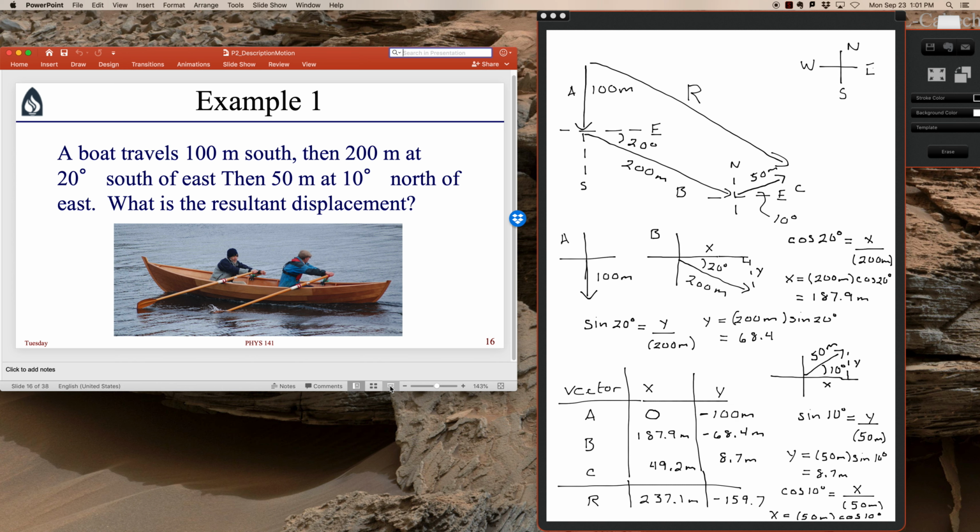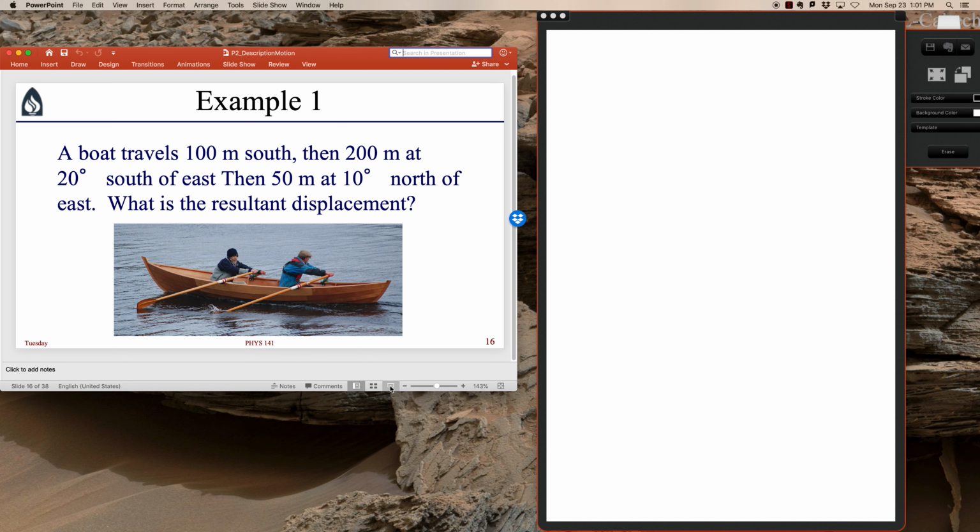Now, just as a reminder, what we found before was that my resultant vector's x component was 237.1 meters, and we found that the resultant vector's y component was negative 159.7 meters. So let's draw that vector.